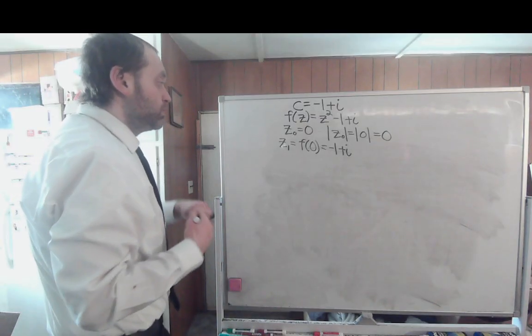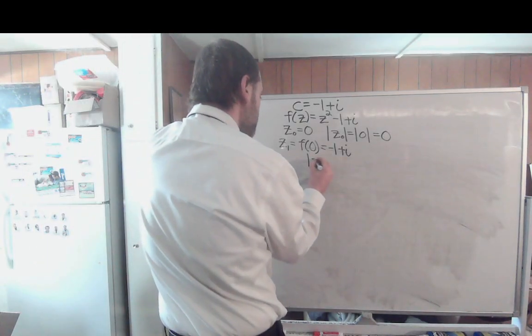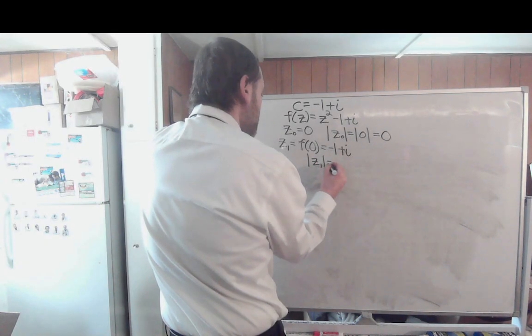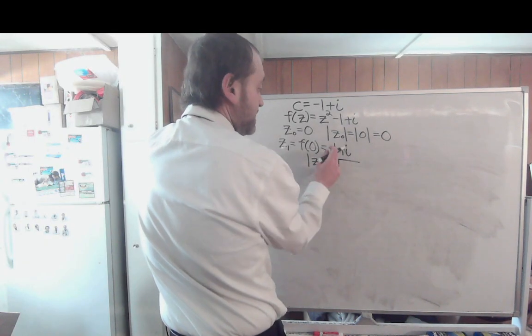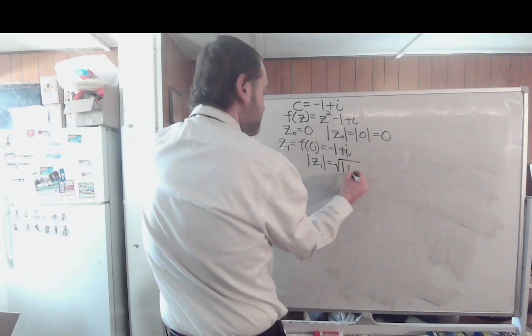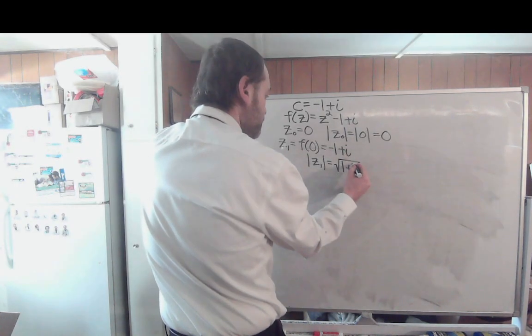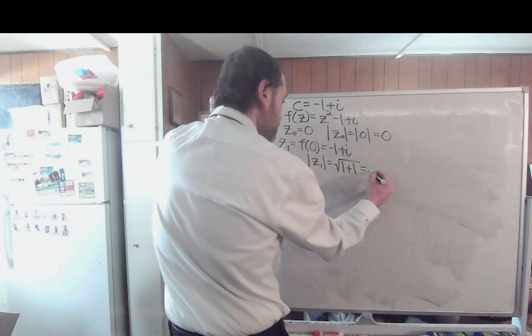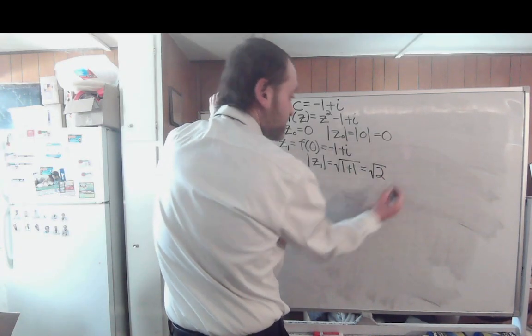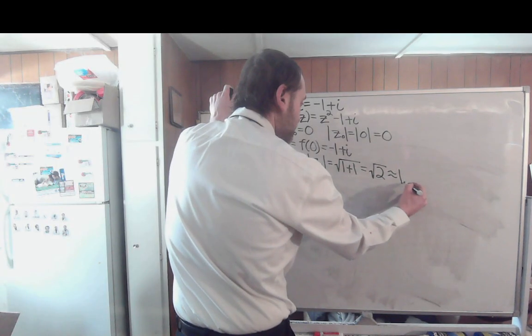Alright, well, what is the absolute value of z sub 1? That equals the square root of -1 squared, which would be 1, plus 1 squared, which would be 1, equals the square root of 2, which is approximately equal to 1.41.